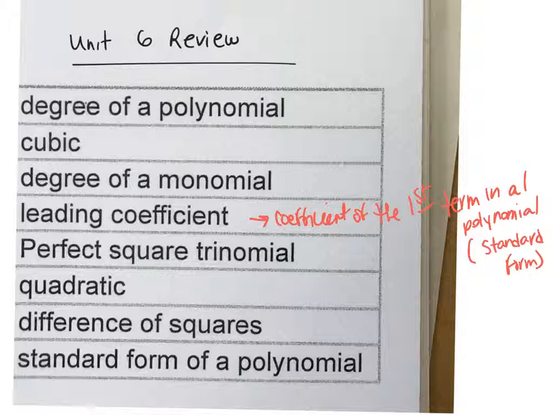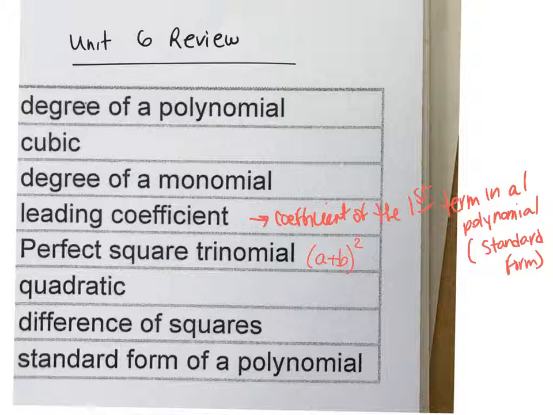A perfect square trinomial is basically the product of something, a binomial that has been squared. A quadratic is power of 2.